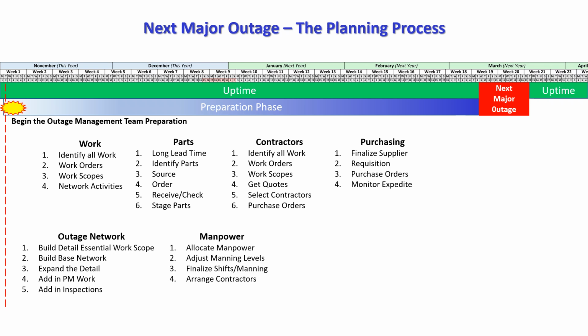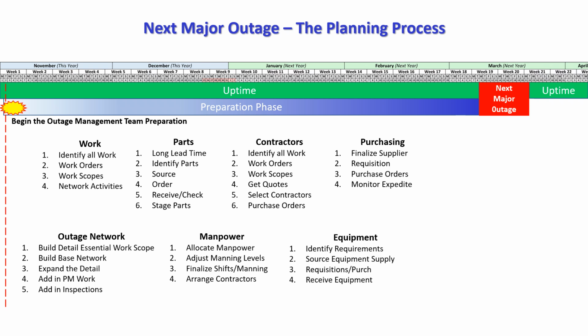Then, of course, we have the problem of planning our manpower. So we need to allocate manpower to each of the activities so that we can adjust the manning levels before the outage and finalize the shifts and manning of each of the activities. If we find that we do not have enough in-house labor to handle all the work, we need to arrange contractors to step in and take on the workload.